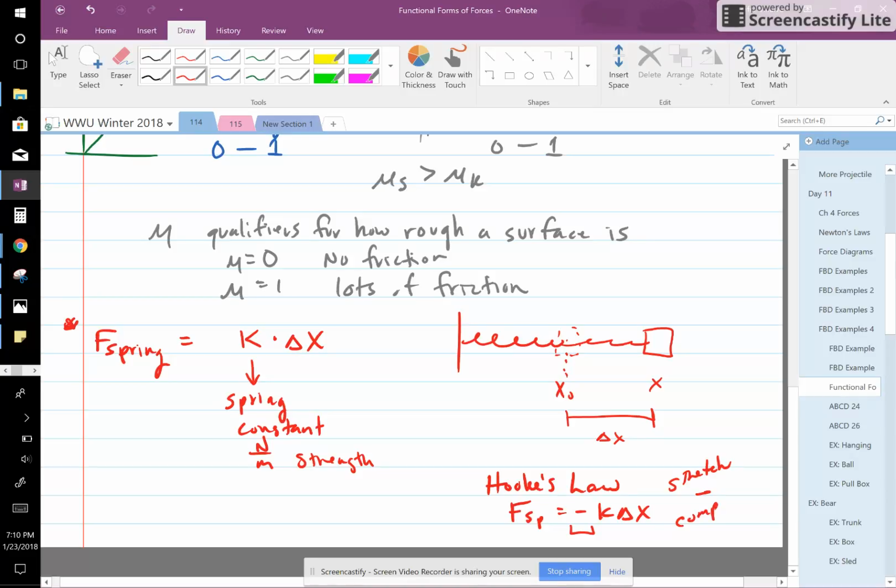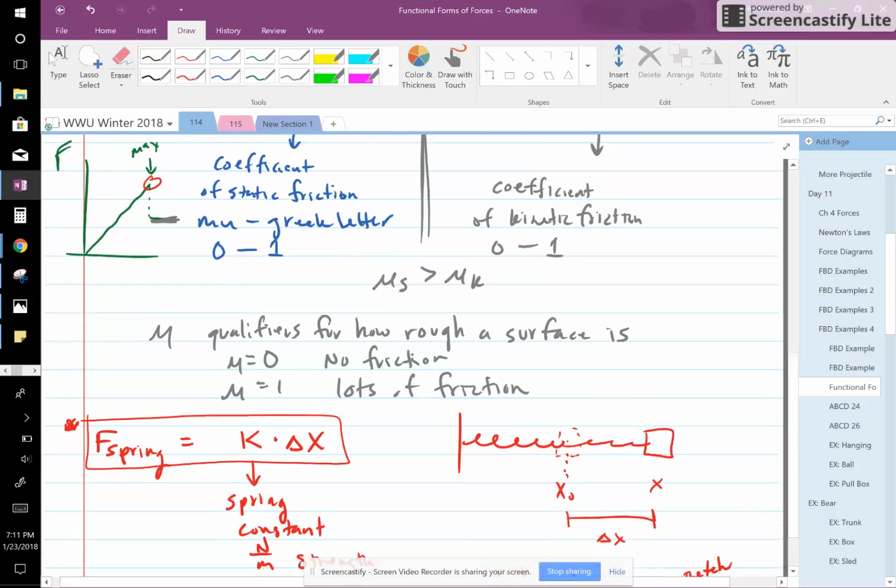But if you compress the spring and your delta x would be negative, then the spring wants to go again back to its equilibrium position, which would be a positive force. But for our purposes, we want the F spring without the negative, because we'll take into account the negative or positive direction when we draw our force diagram.